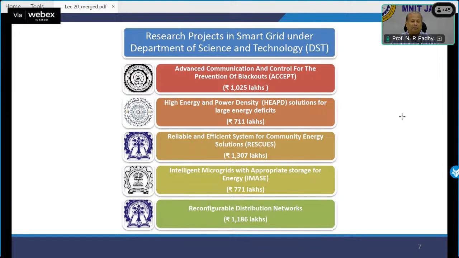These are the 5 proposals, and they were initiated as UK and India international collaboration projects. And you'll be very happy to see that the second proposal is my project, which is close to a 4 crore R&D grant. So it was almost the first R&D project on smart grid that came to me, and that has motivated me to work further and continuously.